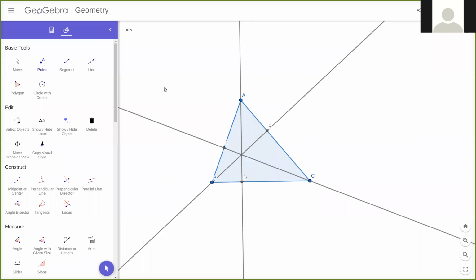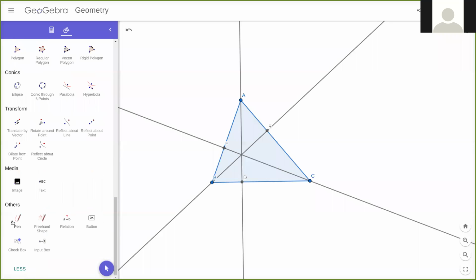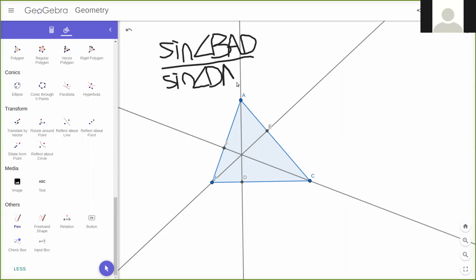So we now use the trigonometric form of Ceva's theorem, which requires ratios such as sine of angle BAD over sine of angle DAC. So this times a bunch of the rest is supposed to equal 1. If it equals 1, then we're done. They're concurrent.